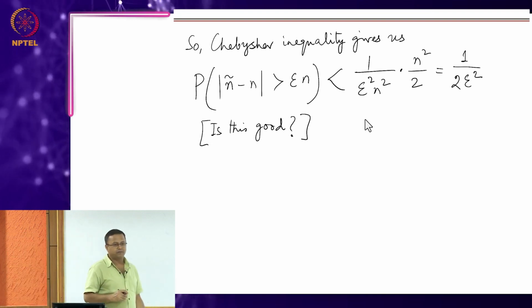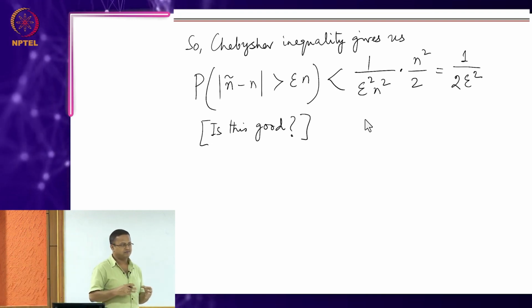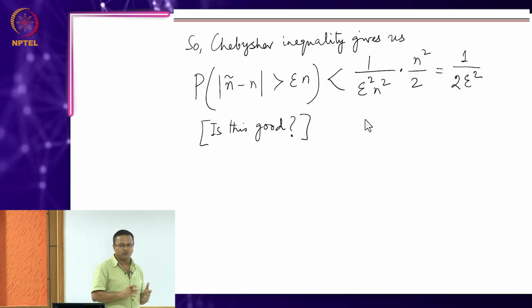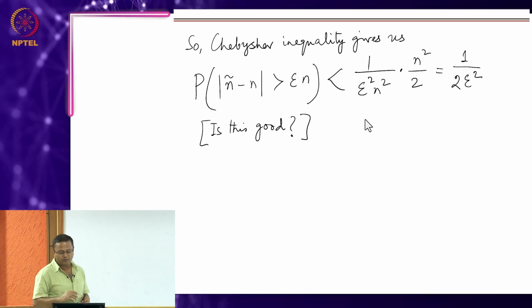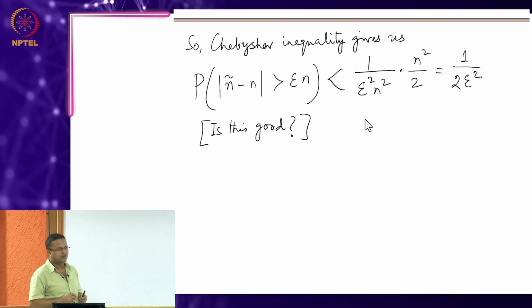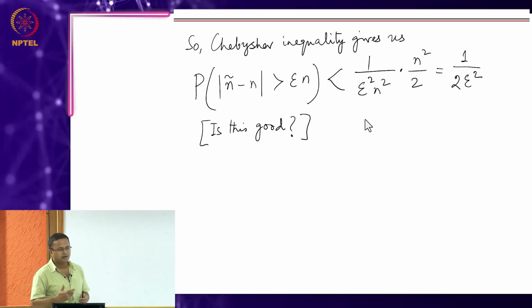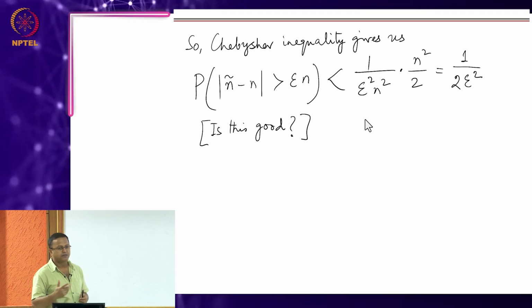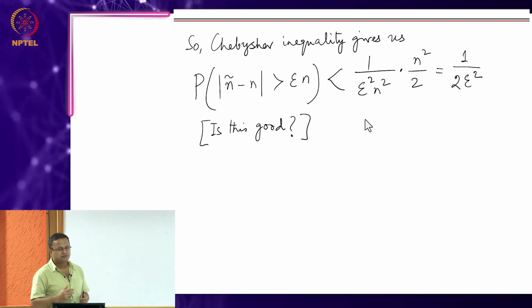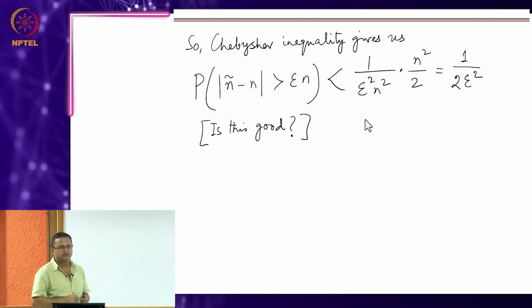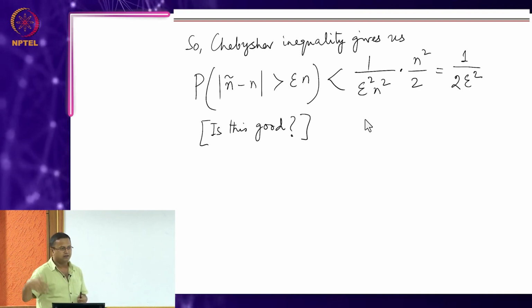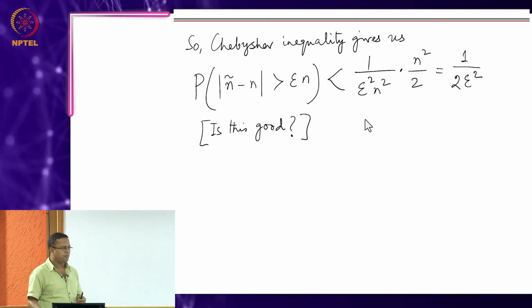See, obviously, epsilon should be a small quantity between 0 and 1, right. So, if you look into this 1 by 2 epsilon square, when is it 1? Figure out the value of epsilon for which this probability is getting close to 1.